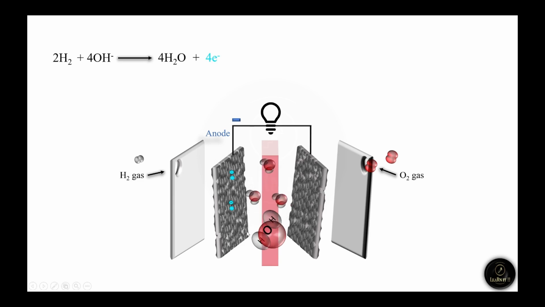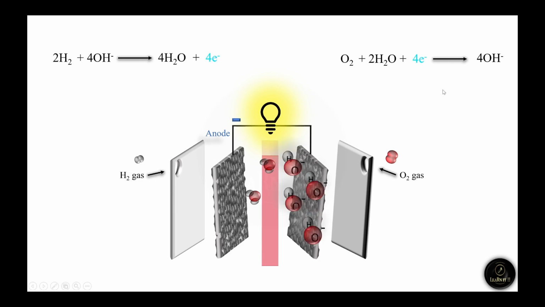These four electrons start to travel through the bulb and reach the other electrode, which will attract the oxygen molecule. So the bulb starts to glow. When one oxygen molecule reacts with 4 electrons along with 2 water molecules, there is formation of 4 OH minus ions.